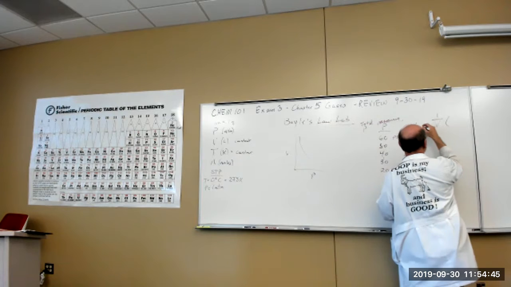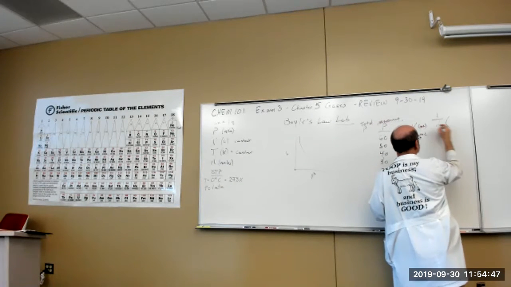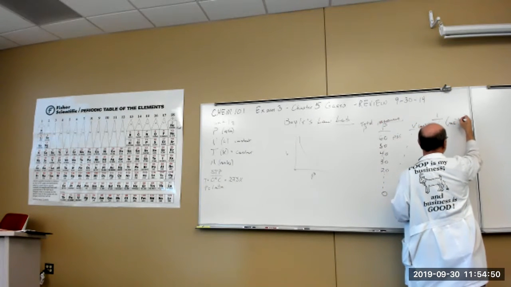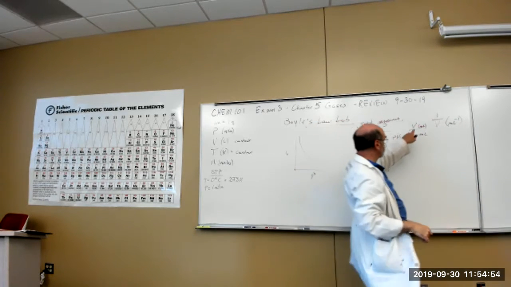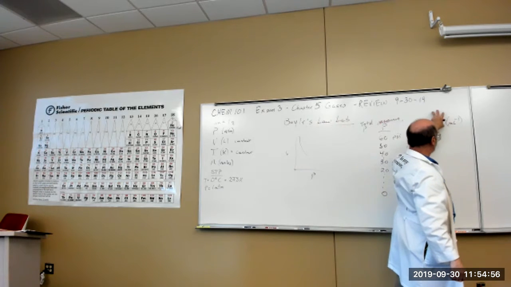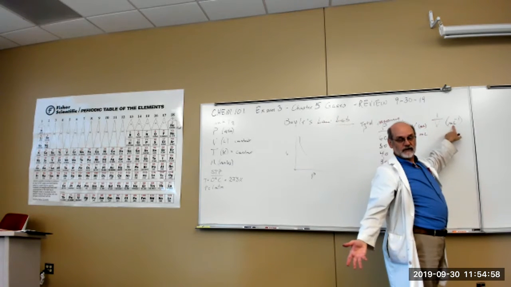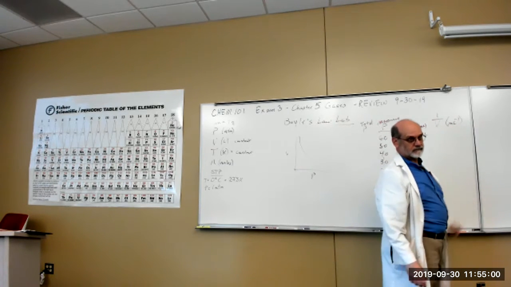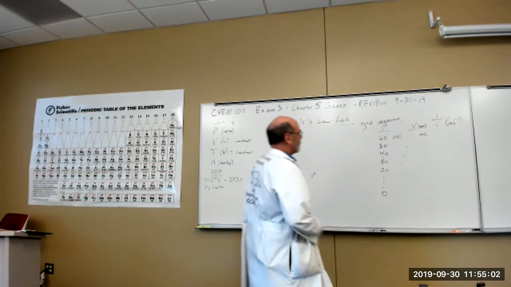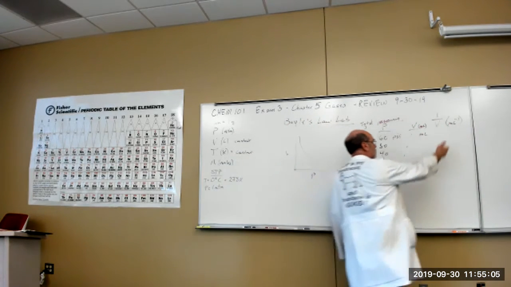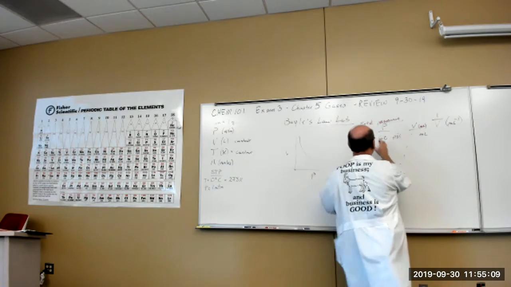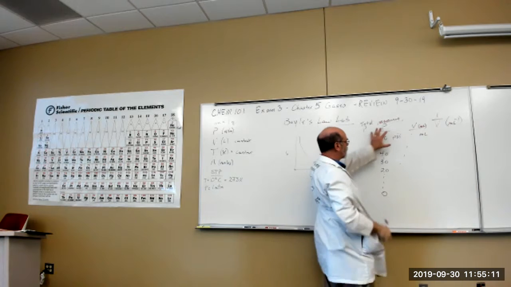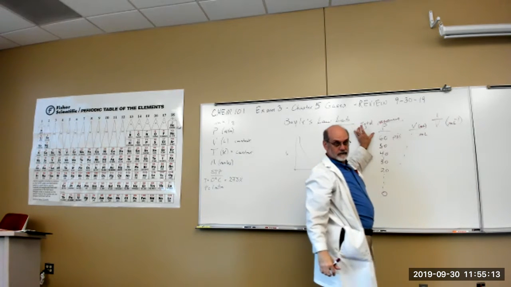The units here would be milliliters, and the units here would be milliliters to the -1, because if milliliters are on the bottom, then overall your units are milliliters to the -1. And you'll have data here, 1/V, corresponding to each of your total pressures. You don't plot this one, you plot that one: total pressure.